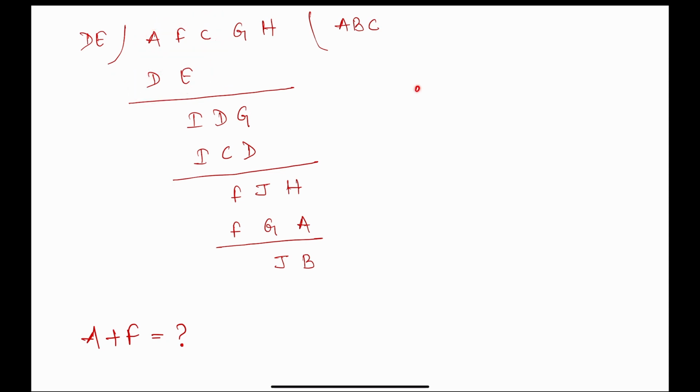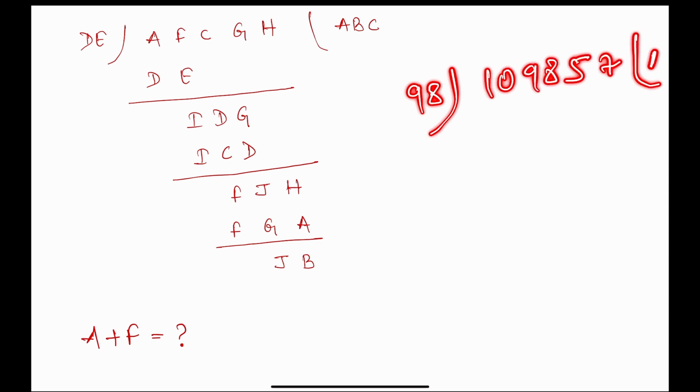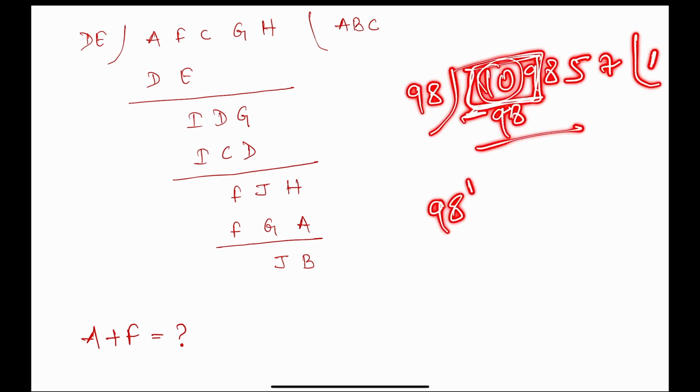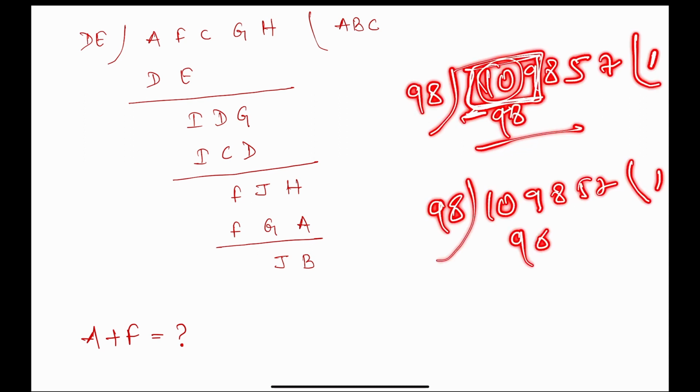Suppose I write 98 divided by 109857 something something. I'm not going to subtract 98 from 10, I'm going to subtract 98 from 109.